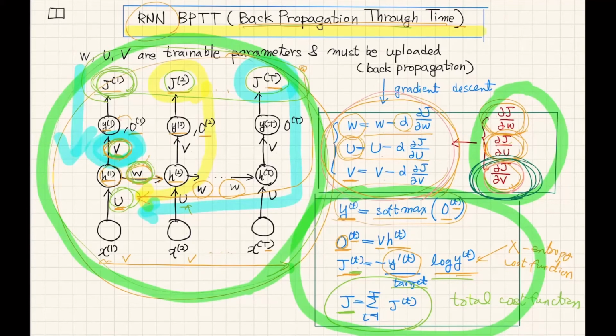Because I know this softmax function and all this matrix relationship and the cost function. From this equation, by applying the chain rule, I was able to derive this derivative.